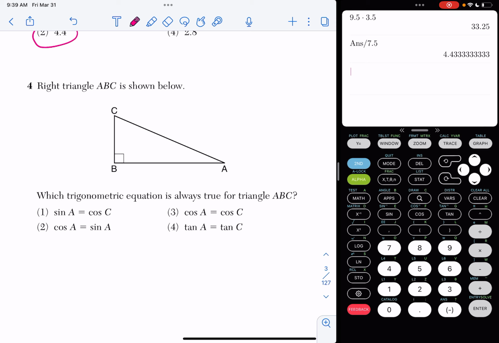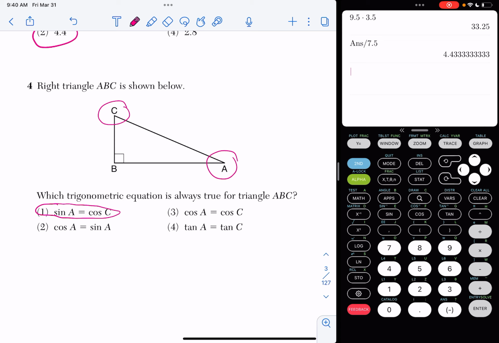So the key is looking in the picture for the two acute angles, the ones that are not the right angle. So that's C and A. And we know that the sine of one of them is equal to the cosine of the other. And that is exactly what choice 1 is telling us. Okay, the sine of A is equal to the cosine of C.